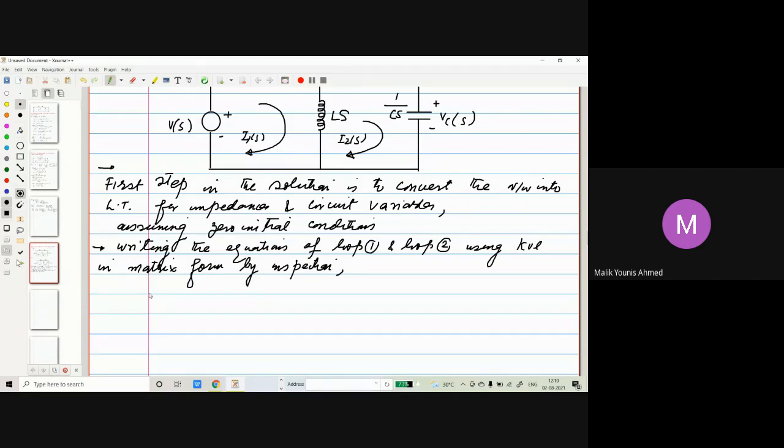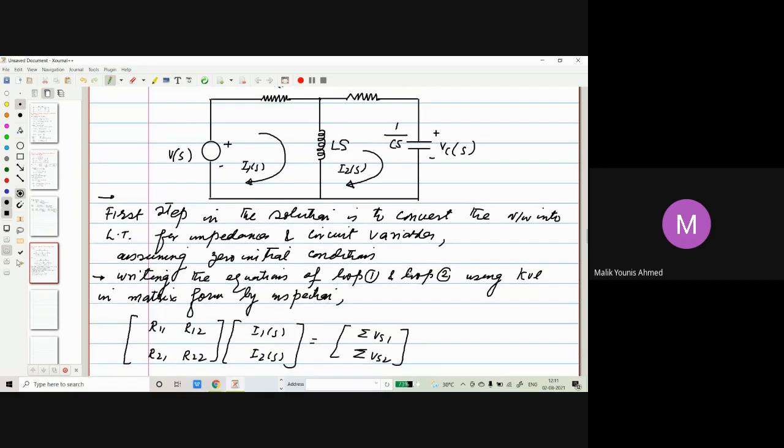So how we write it? R11, we know how to write. So I will write it here. If you have to find the matrix, you can apply the nodal analysis, no problem. R21, R22, I1 of S. We will write directly by inspection. Sigma, sum of voltages in loop 1, sum of voltages in loop 2.